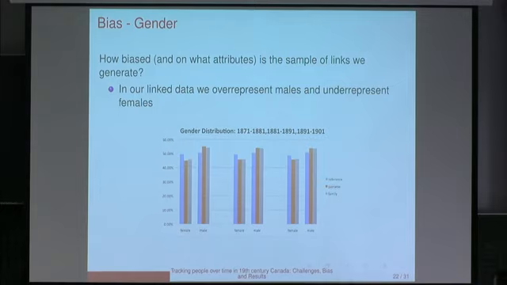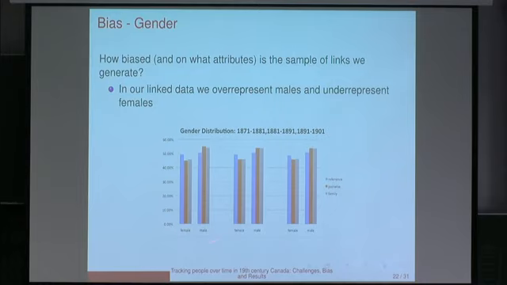The blue is the reference, which is the distribution in the census that we're linking from. The orange one is the pairwise, where we use just the limited number of attributes. And the grayish one is where we use family context to do some disambiguation.